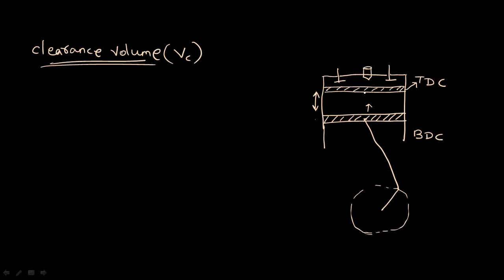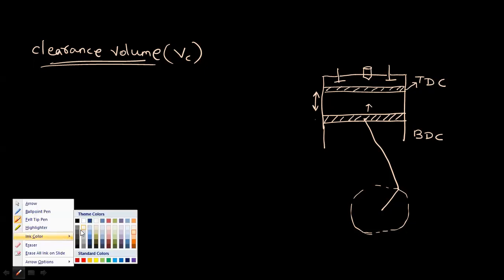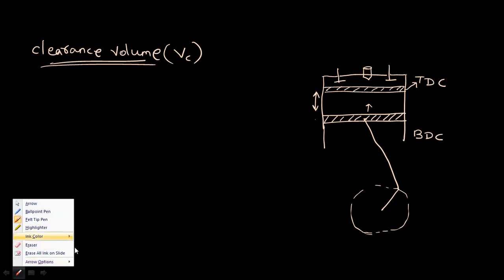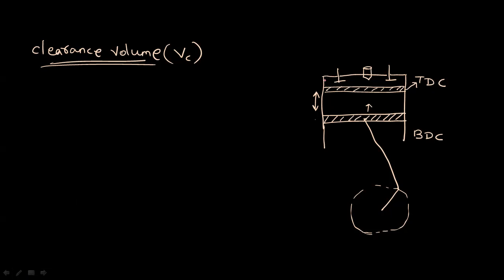Okay. So when the piston is at top dead center, there is a small volume. You can see a very small volume will be there here. This volume. There will be a very small volume in between the piston and cylinder head. This part is called the cylinder head. So when the piston is at the top dead center, there is a very small gap, a very small volume in between the piston and the cylinder head.